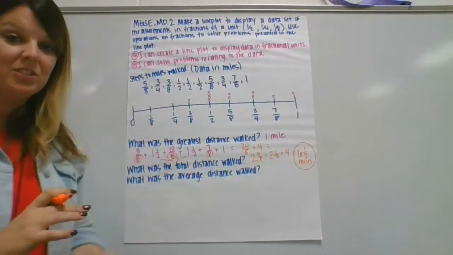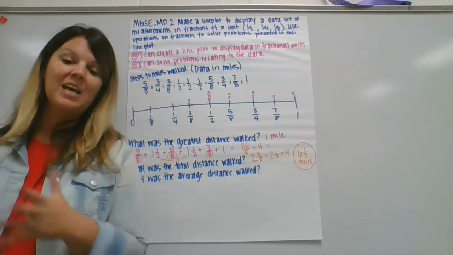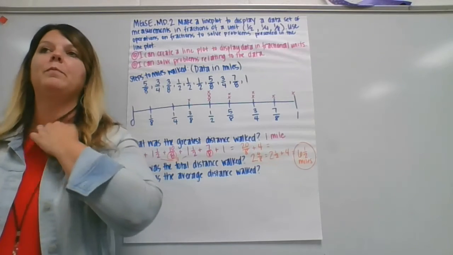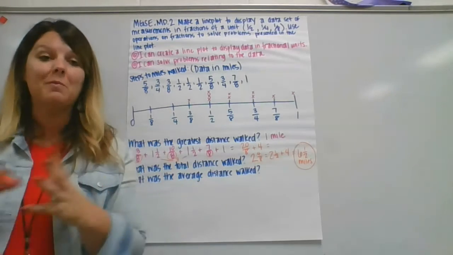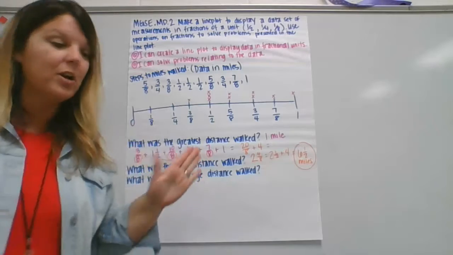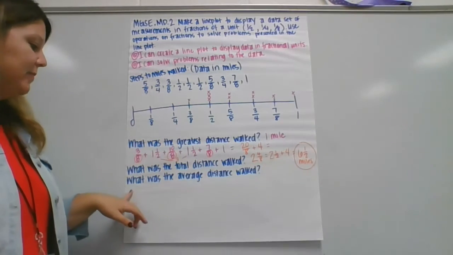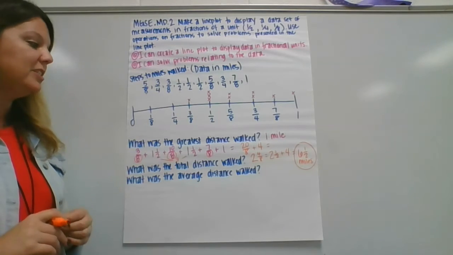So when you have questions like that, know it's going to be tedious. Find yourself a system to keep track of what you've used, what you're finished with. Make sure that you combine like terms first so that you're not trying to add 10 numbers together at the same time.